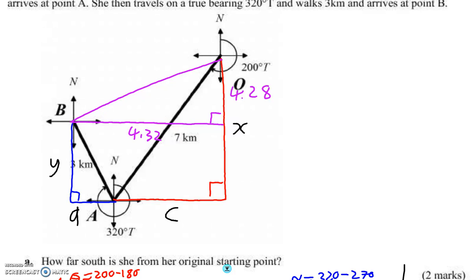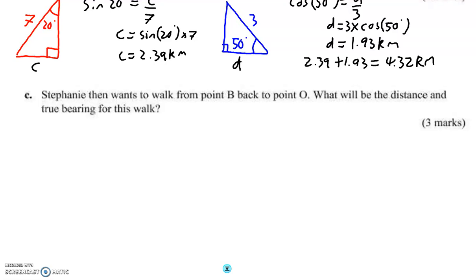Okay. So, to find, let's call it Z, which is the distance back. I'll redraw the triangle here. We have 4.28, 4.32.